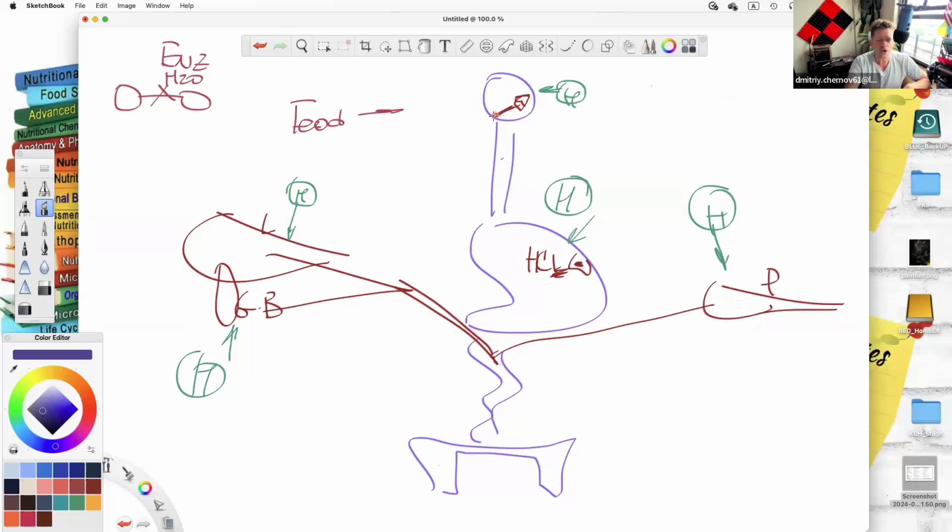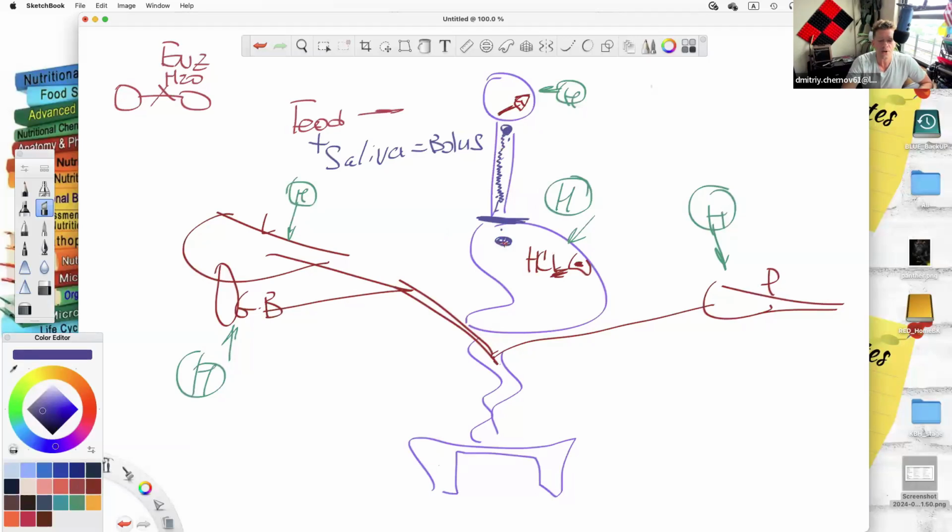In the oral cavity, as soon as we mix food with saliva, now we can call the substance bolus. So that substance, food and saliva, is called bolus. And now this bolus passes through the esophagus. Here's the sphincter, the gastroesophageal sphincter, or esophagogastric sphincter, from more proximal to distal.